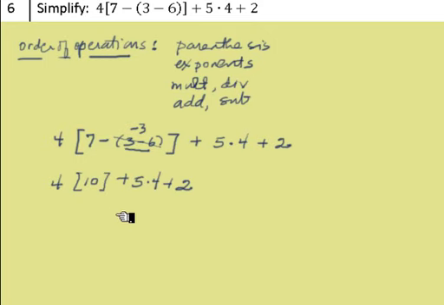Okay, and I just rewrite. Okay, so now we have a multiplication here, 4 times 10, and the multiplication here, we'll do left to right. First we'll do 4 times 10, 40. Okay, now we can do 5 times 4 is 20. And now let's just add these up. Okay, so here we have 60 and 2 is 62.